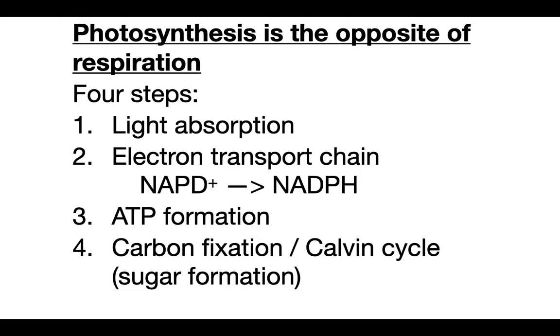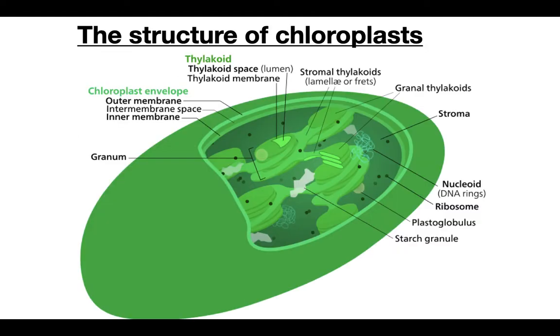We have to transport electrons that are highly energized by that light from the low energy NADP plus, which is going to become a high energy NADPH, carrying that high energy electron with it. We're going to form a little bit of ATP, and then, and we'll talk about this one on Friday, that carbon is going to get fixed, and the Calvin cycle is going to form a sugar using the energy from that ATP.